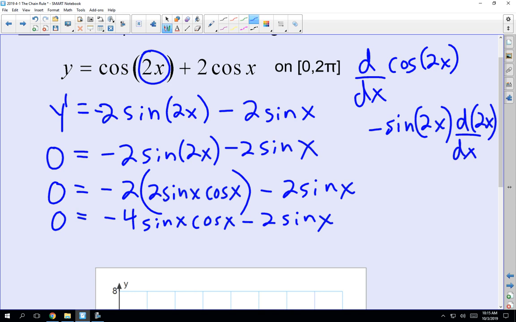Yeah, we take that out. We could take out actually a negative 2 out, right? So 0 equals negative 2 sine of x. We could totally divide out that negative 2 and get rid of it, but we've got negative 2 sine of x, and we're left with 2 cosine of x plus 1.